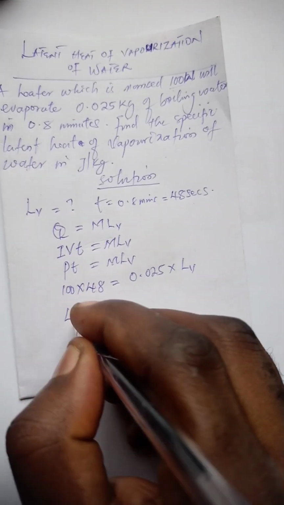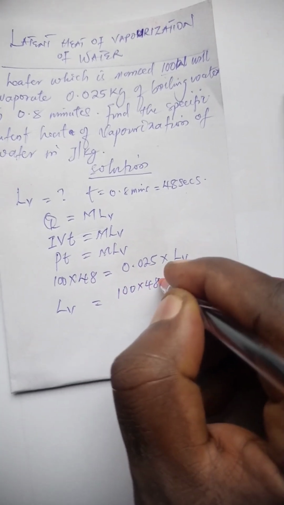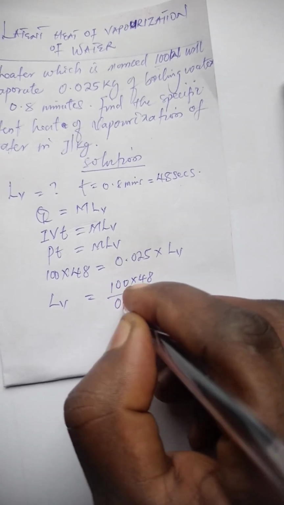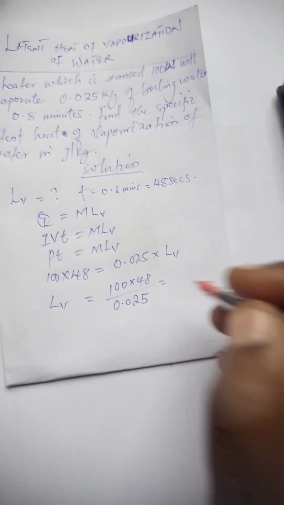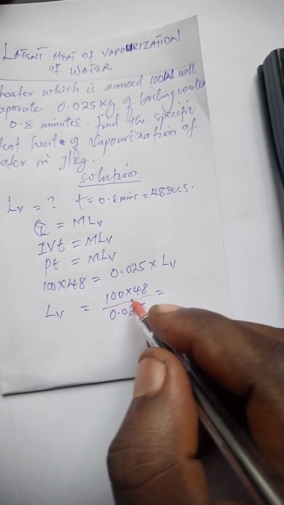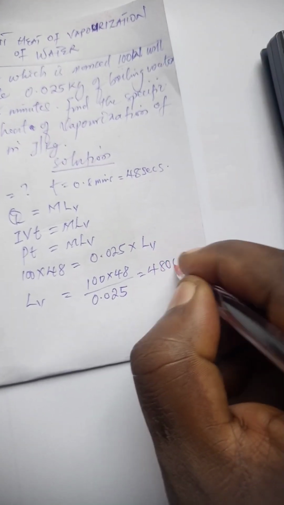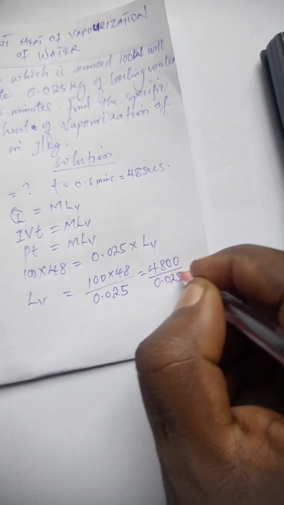All right, so our LV now will be equal to 100 times 48, all divided by 0.025. So let's do our multiplication. 100 times 48 will give you 4,800, divided by 0.025.